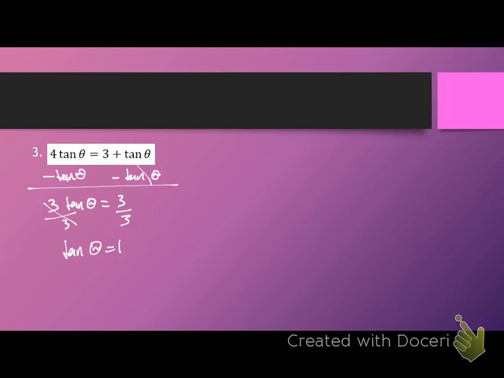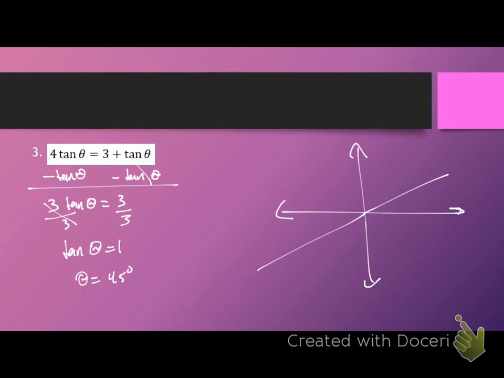Okay, all right. So let's go over to our coordinates here, our quadrants. What quadrants is tangent positive? Well, quadrant 1 and quadrant 3. Right? Now, specifically, what angle measure is tangent 1? And the first angle measure is 45 degrees.